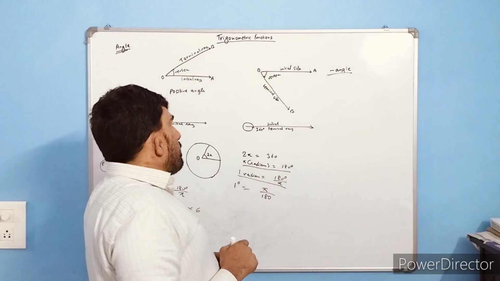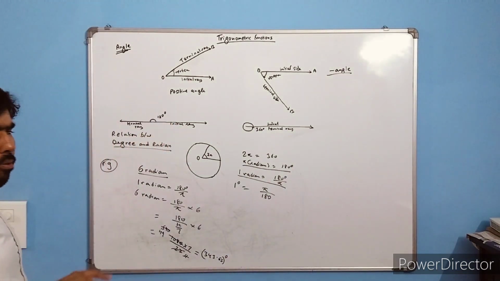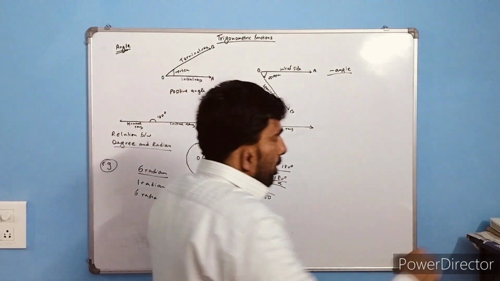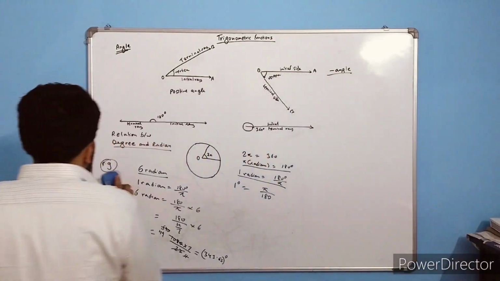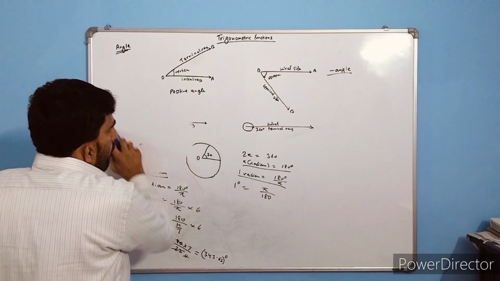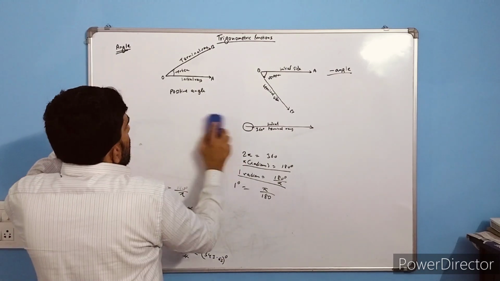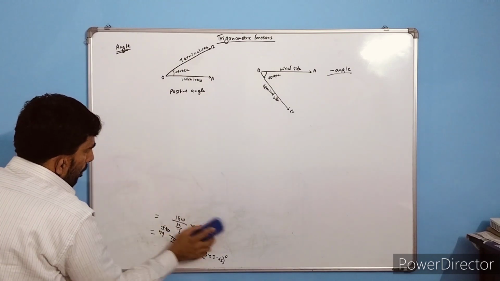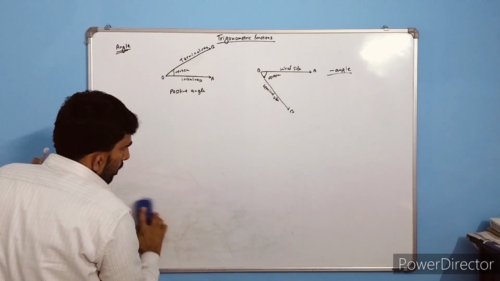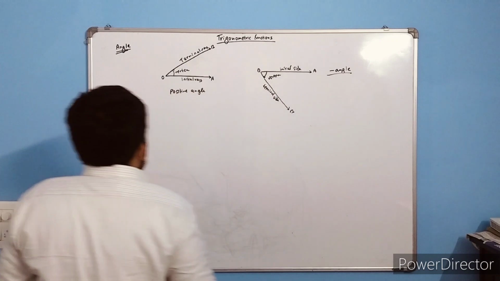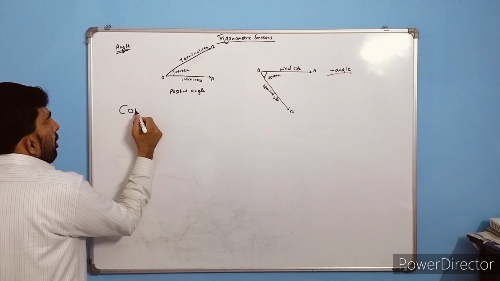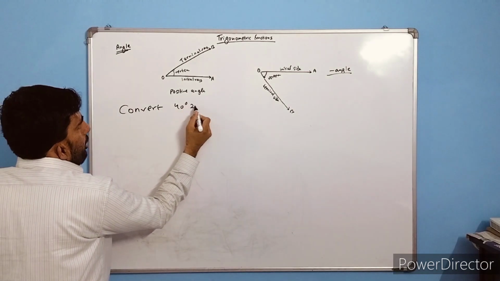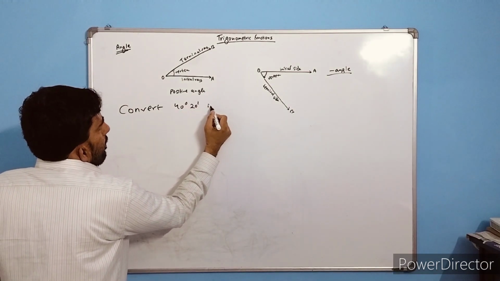Now let us see one more example, to convert degree into radian. We all know how to convert now. The example is to convert 40 degree 20 minute into radian.